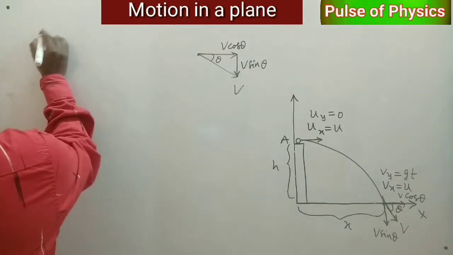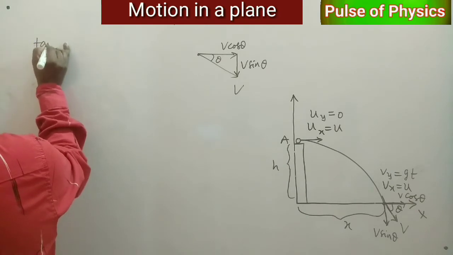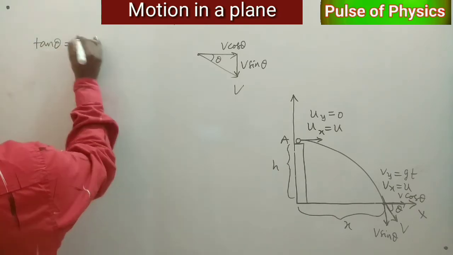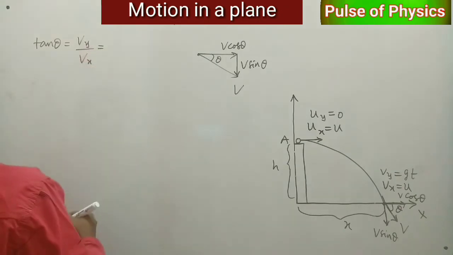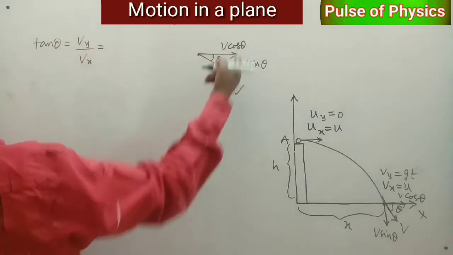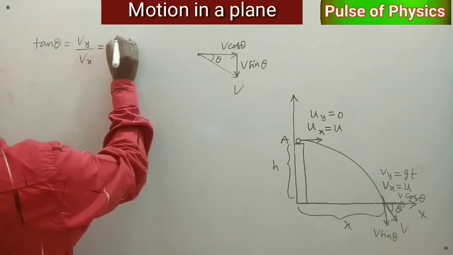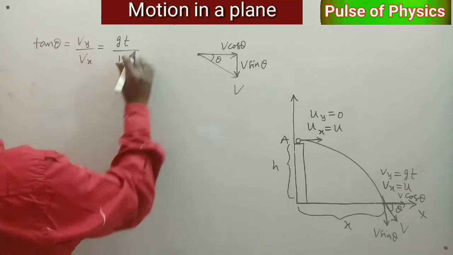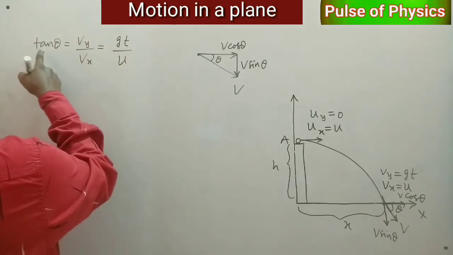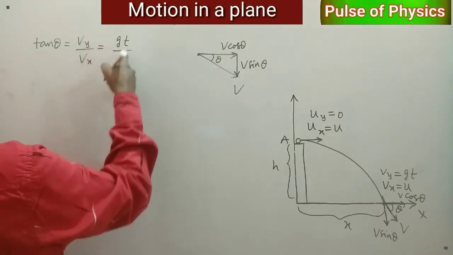In this case tan theta is equal to, what is that? Vy by Vx. What is Vy? V sin theta, V cos theta. Vy we have got the formula already, gt. Vx is equal to u. So here tan theta is equal to gt by u.